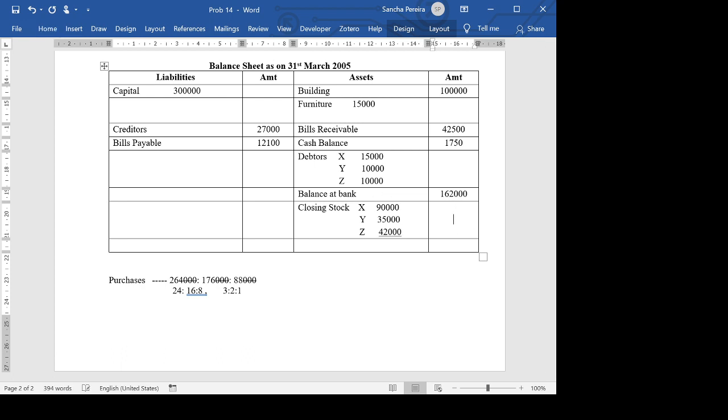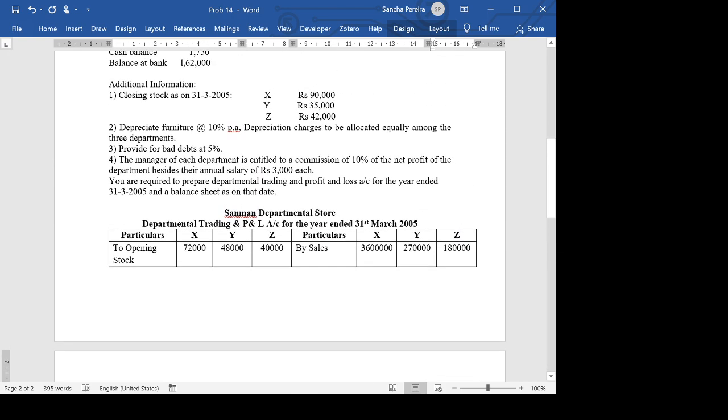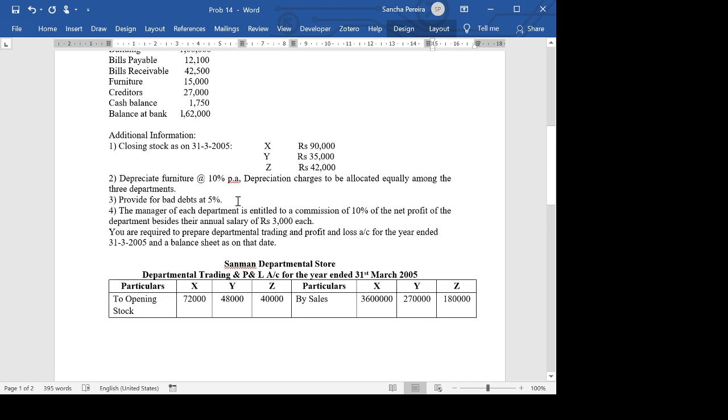The total of closing stock is 1,67,000. Okay. Then we move on to depreciate furniture at 10%.